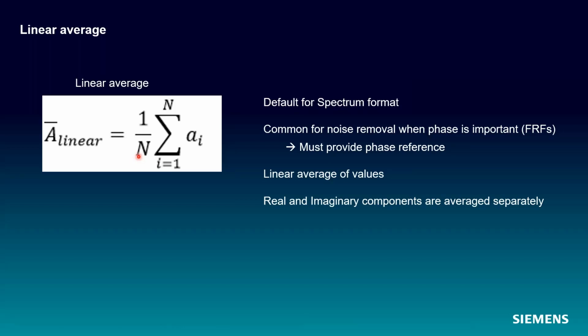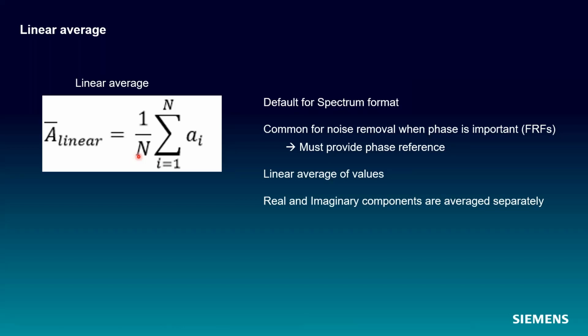This will be the default if you compute a frequency spectrum in terms of a spectrum format as opposed to an auto power. If you choose spectrum, this will be the default offered to you if you want to then average that spectrum. It's commonly done for noise removal when the phase and amplitude information is important.